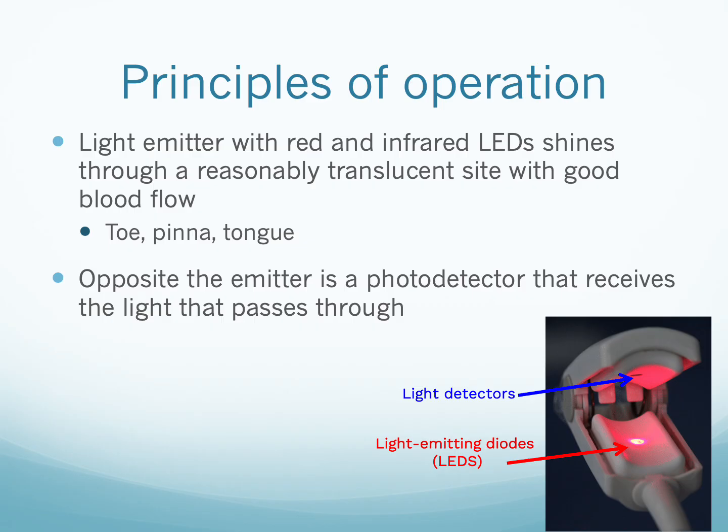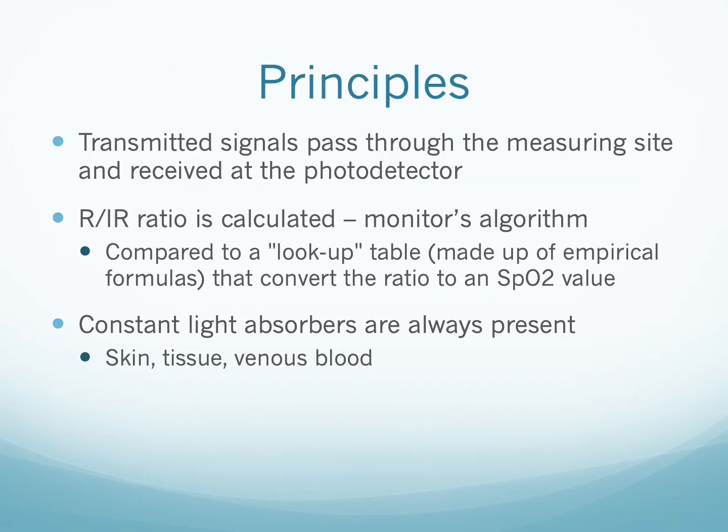Opposite the emitter is a photodetector that receives the light that is then passed through those tissue beds. Those transmitted signals pass through the tissue beds and are received by the photodetector.